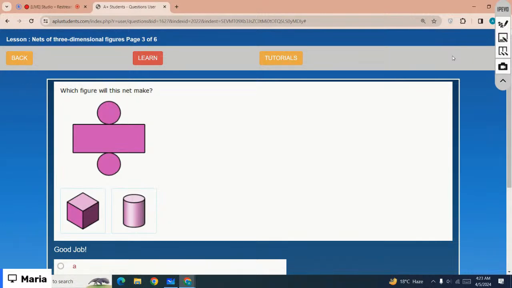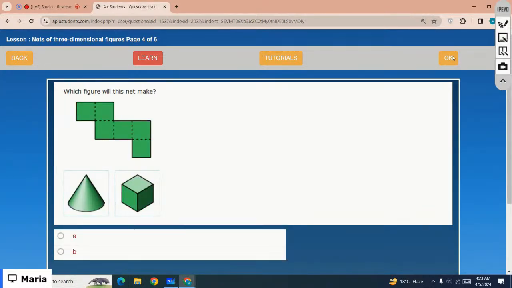That is option number B. Yes, option number B is the correct option. That is a cube, right?